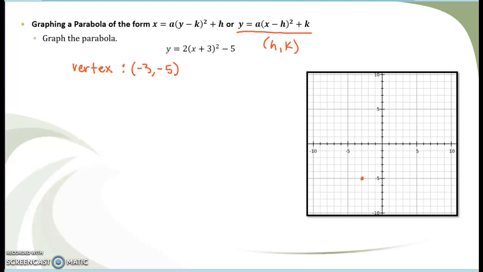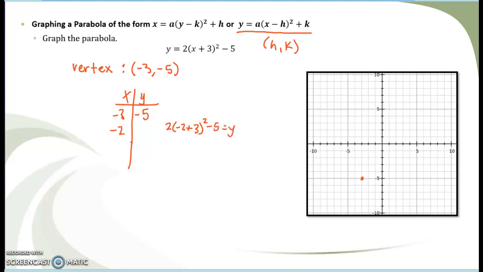Now how are we going to find other points? Well, if I plug in negative 3 for x, I'll get negative 5 for y. So I plug in points into this function. If I were to plug in negative 2 for x, that would be 2 times (negative 2 plus 3) squared minus 5 equals y.